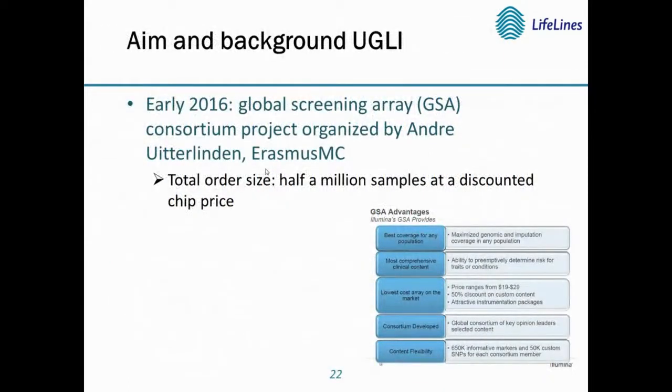So what we decided to do, when Andre Uitterlinden from the Erasmus MC started organizing to have cohorts genotyped using the Illumina Global Screening Array, was to jump on the bandwagon, and we joined Andre Uitterlinden's project, where he negotiated a good price with Illumina for having all these cohorts genotyped.